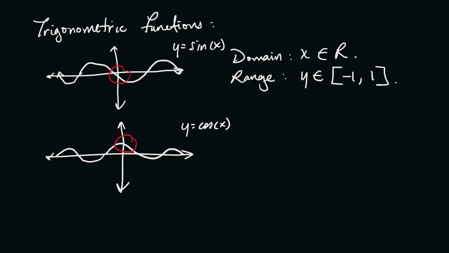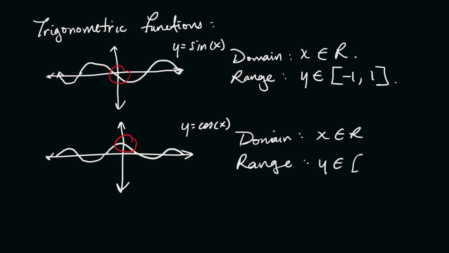So our y-intercept is different for these two functions. But the domain and range are indeed the same, because they are trigonometric functions, unless you talk about tangent, then it becomes a little bit different. Like -1, 1, right? So that's what we talk about when we're talking about trigonometric functions.